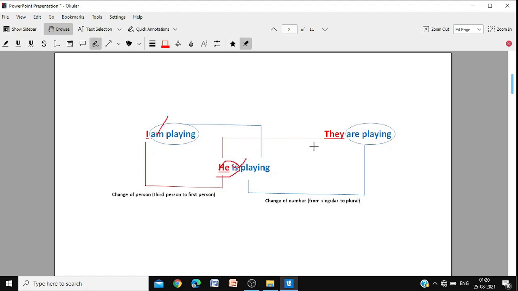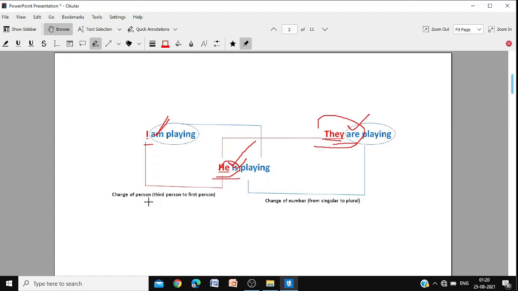When we change it to they are playing, we again find that it changes. So am playing, is playing, are playing. Here we have the first person, here we have third person singular and third person plural.